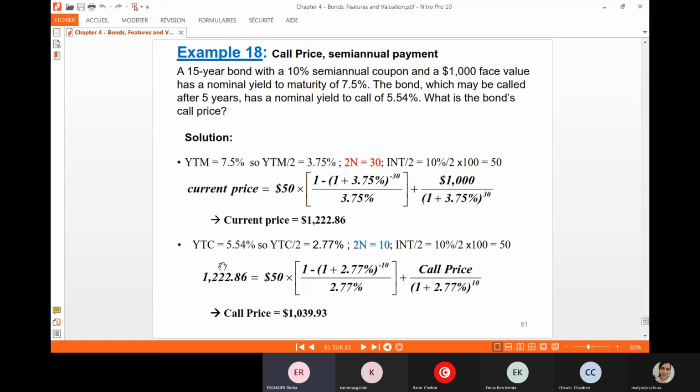So this is the amount paid by an investor to get this bond that pays 10% interest with semi-annual payments.